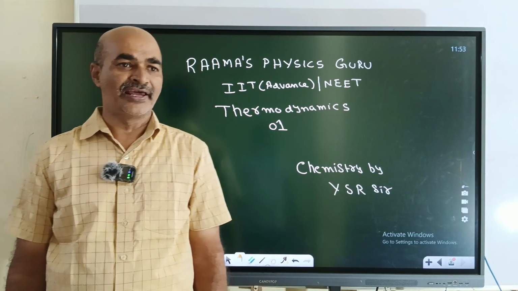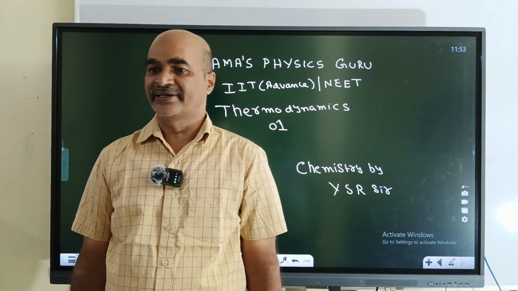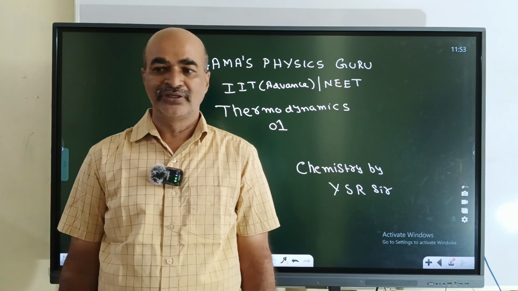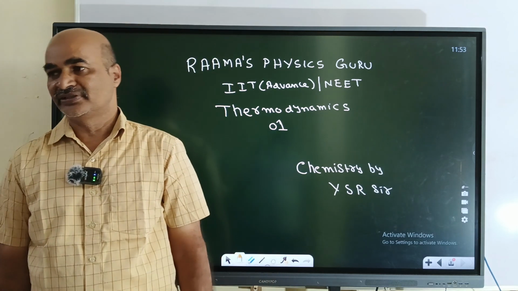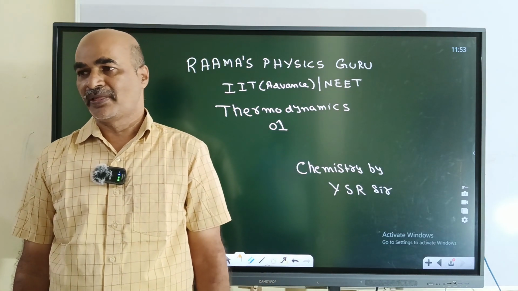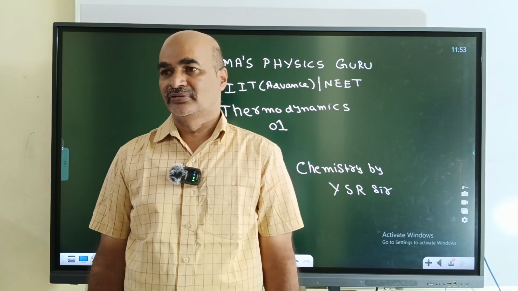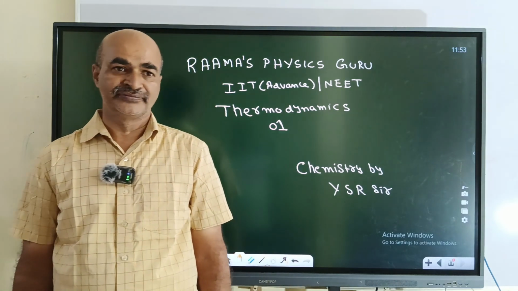It also helps in predicting the feasibility of a process or a reaction under given conditions. Thermodynamics helps us know whether a process occurs or not, whether a reaction occurs or not.